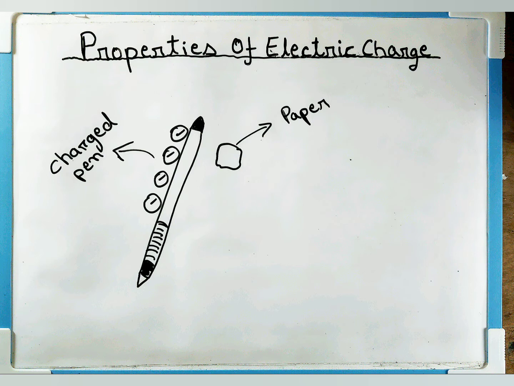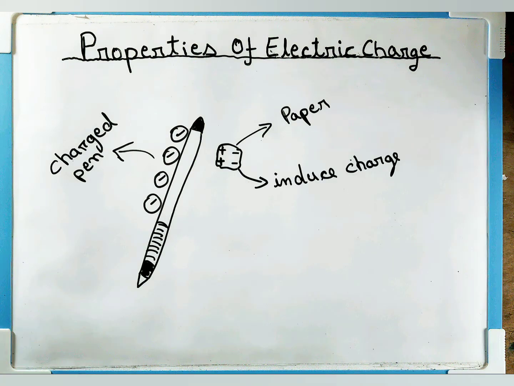Since negative and negative have a force of repulsion between them, like charges repel one another. So the negative electrons in the paper are repelled to the other side. And the positive charges, which are the protons in the paper, will be attracted towards this negatively charged pen, since negative and positive attract one another.